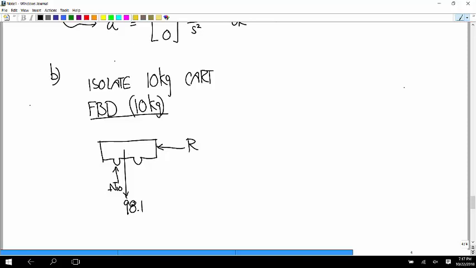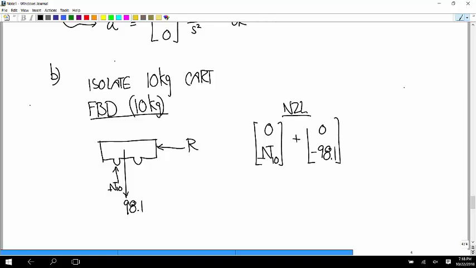Okay, so these three add up to the net force. So Newton's second law says N10 is in the positive y direction, so that's 0, N10. The weight force is in the negative y direction, so that's 0, negative 98.1. That force R is in the negative x direction, so that's negative R, 0.